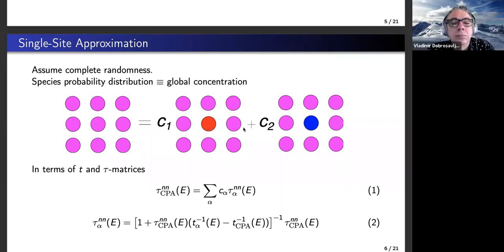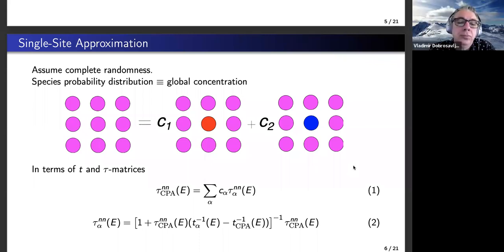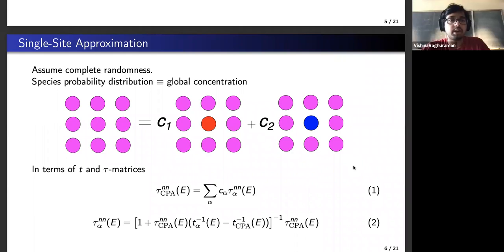The way you do that is through these equations here, where you create a single site impurity and calculate the tau matrix, the multiple scattering path matrix associated with that, which is given by equation 2 here, and then you average it to get tau CPA. So you can essentially construct a self-consistent iteration scheme to get the T matrix and the tau matrix for the single site CPA medium.